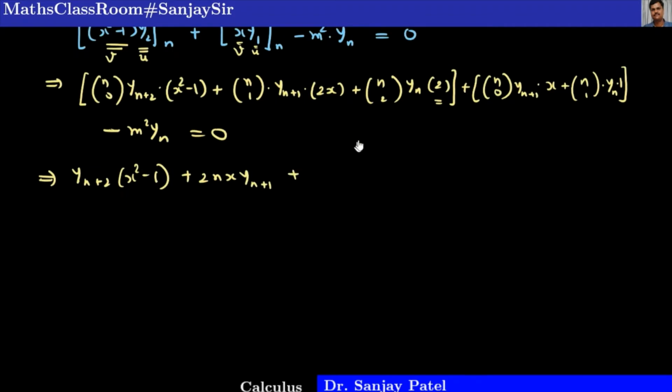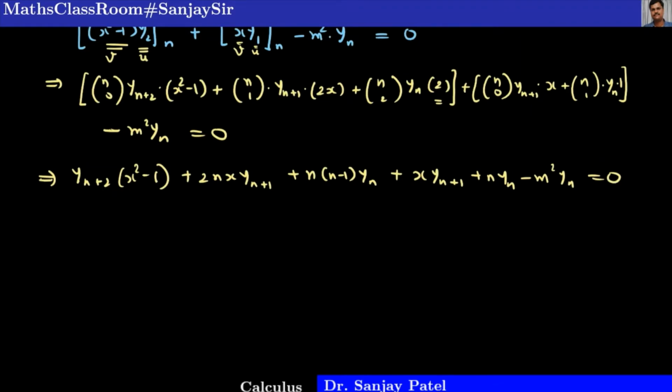Here nc2 is n into n minus 1 by 2 factorial, so that will be cancelled with these two. So I am writing directly n into n minus 1 into yn, plus for the second bracket nc0 is 1 into yn plus 1 into x. So it is x times yn plus 1, and for the last term here it is nc1, that is n into yn, and plus this one, that is minus m square into yn is equal to 0.